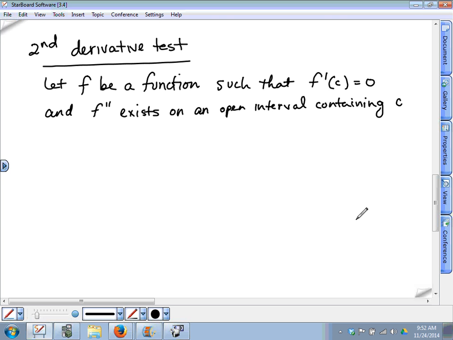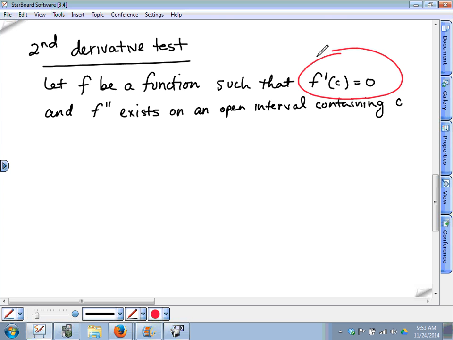The second derivative test is another way of finding extrema. The first derivative test is a way of finding extrema. The second derivative test is a way of finding extrema. What is this right here? f prime of c is equal to 0. If the first derivative is equal to 0, is that a critical number or an inflection point?